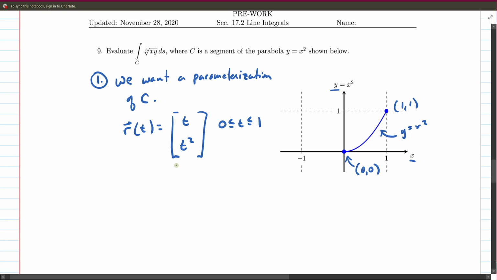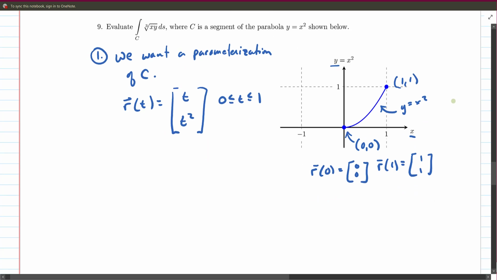Notice, for example, that r of 0 does indeed give me the 0 vector, (0, 0), and r of 1 does indeed give me the final endpoint, the vector (1, 1). So this is a correct parameterization, but I do encourage you to check those. A lot of times it's easy to make a mistake, and it's oh so easy to catch a mistake if you just check it real quick.